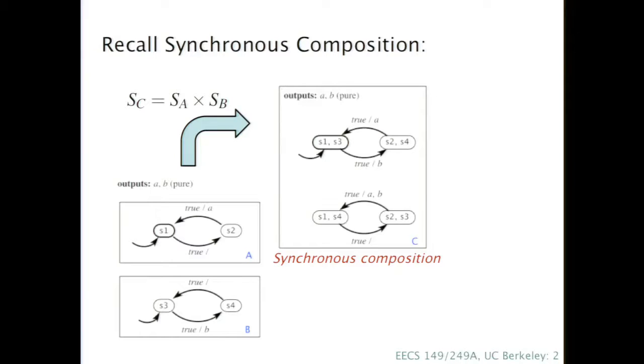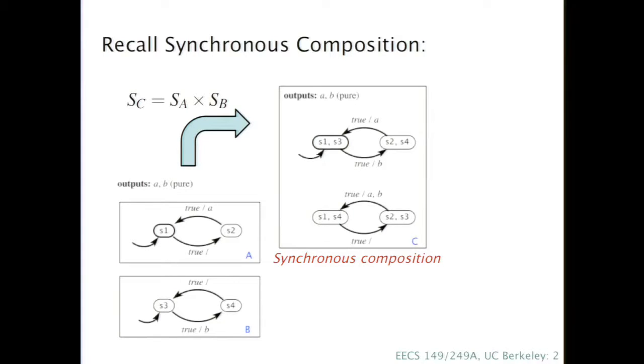So when you're doing composition of state machines, the first thing to do is to try to understand the state space of the composition. A brute force way to get a state space for the composition is just to form the product space. Each of these state machines has some number of states. In this case, these are not extended state machines, so the number of states matches the number of bubbles. But if it's an extended state machine, it doesn't. In any case, each state machine has some number of states.